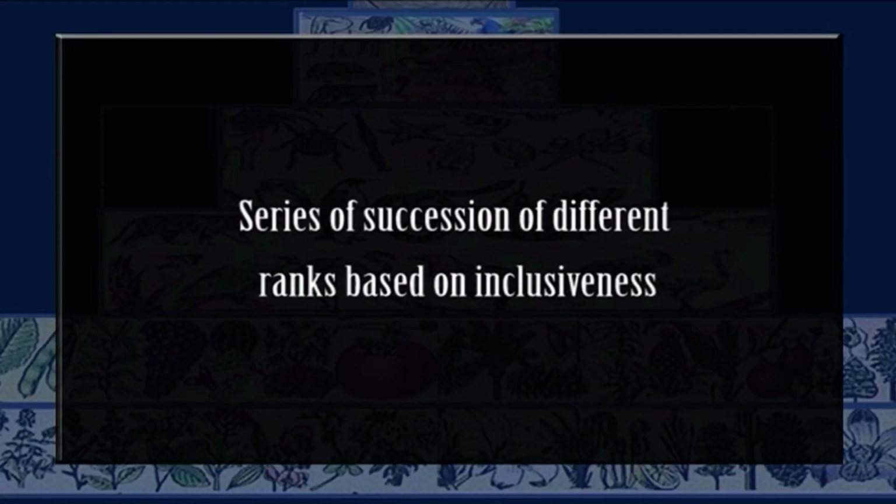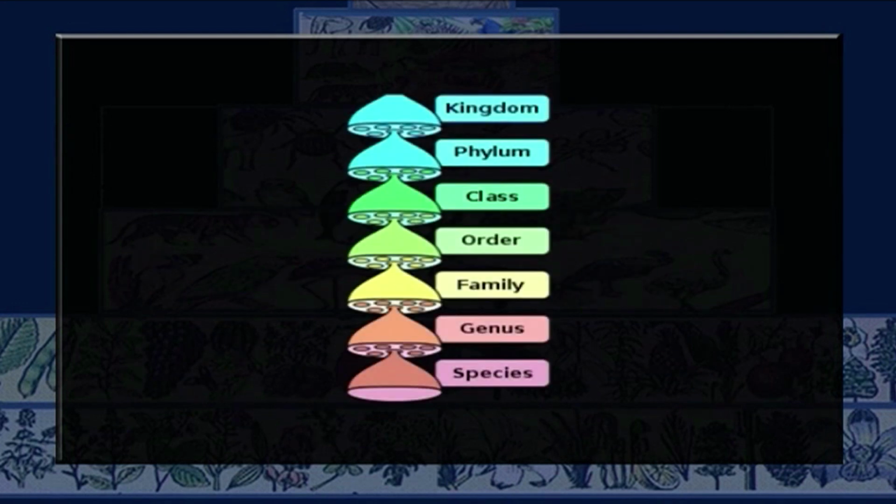Hierarchy literally means a series of succession of different ranks based on inclusiveness, the least inclusive at the bottom, usually a species, and the most inclusive group, generally a division or a kingdom, at the top. A category thus designates a given rank or level in a hierarchical classification.